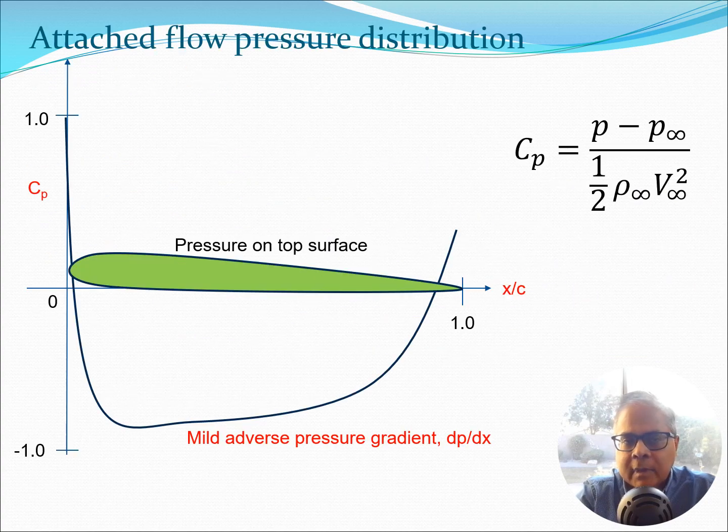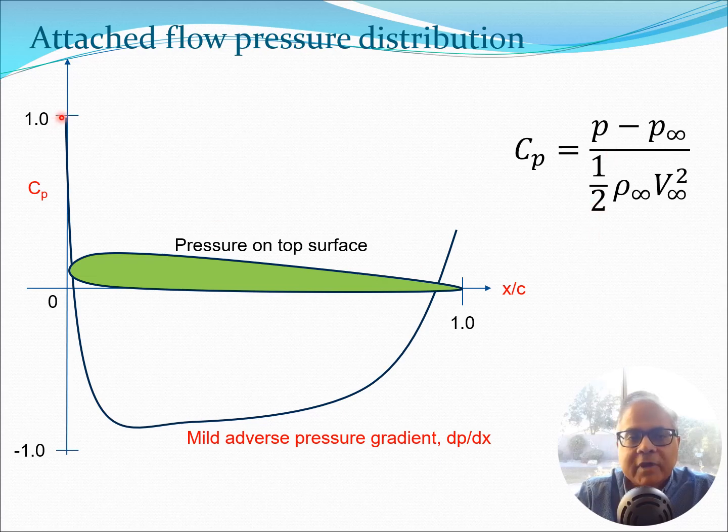Now, if we were to look at the pressure distribution in this kind of flow, we are going to get something like this here. So you essentially have Cp. Remember in our last class, we defined Cp as a non-dimensional way of writing pressure. So essentially it is pressure, but it's non-dimensionalized in this form here.